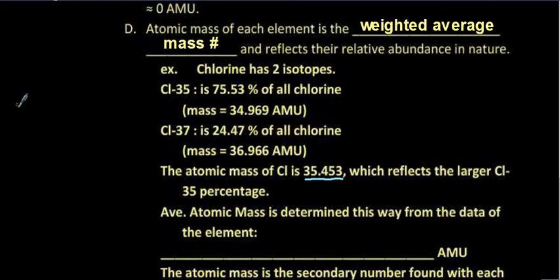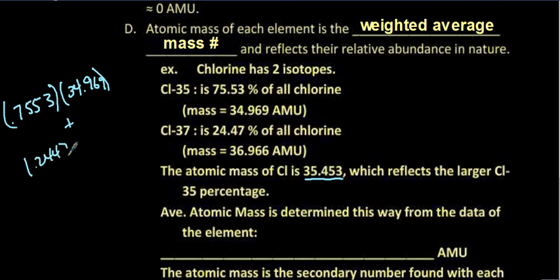So this is going to be 0.7553 times 34.969 for the AMUs for the Cl-35, and then we're going to add that to 0.2447 times 36.966 for the mass of the chlorine-37.